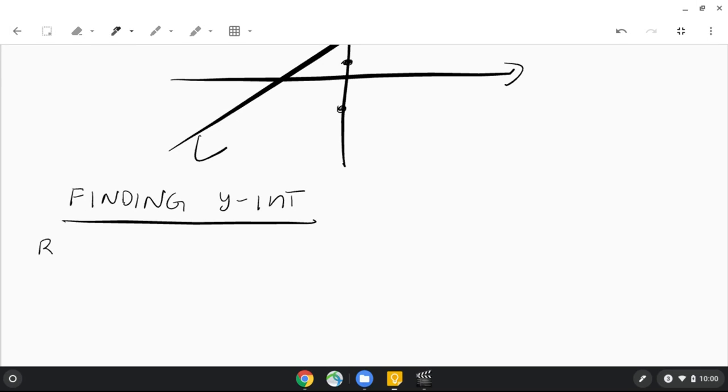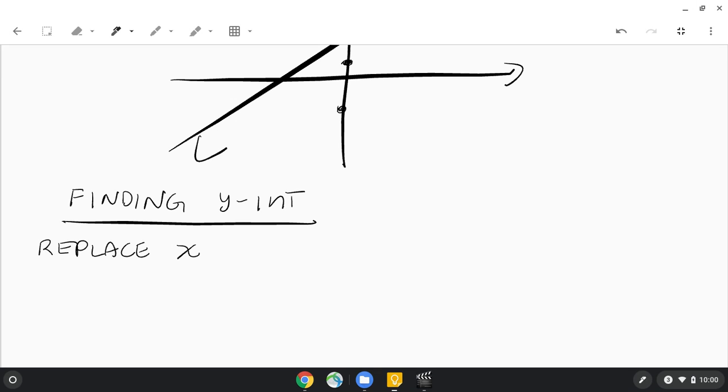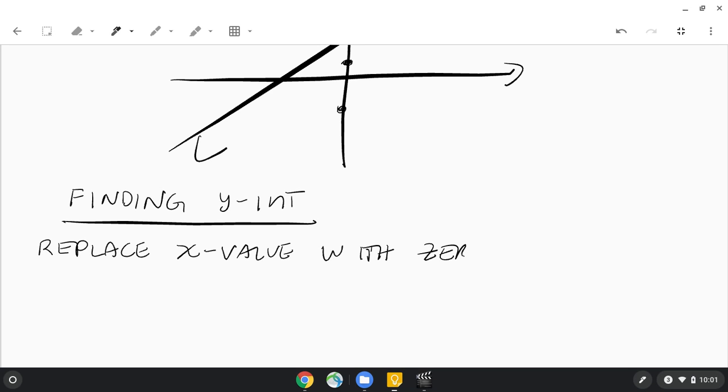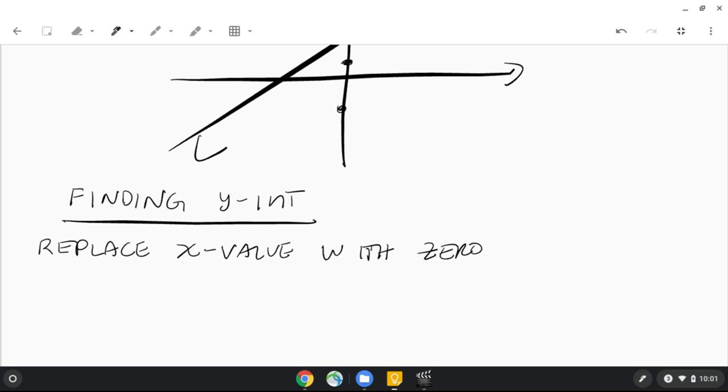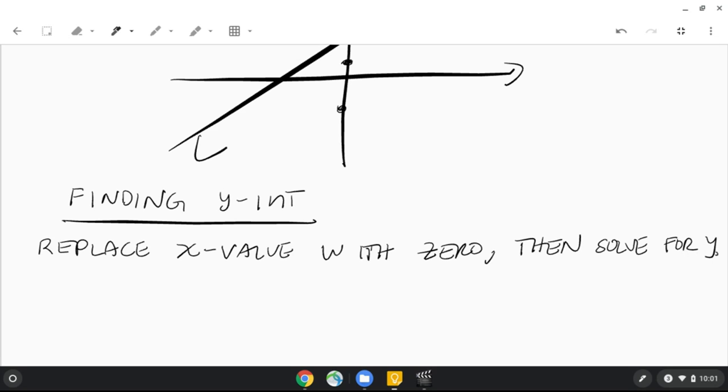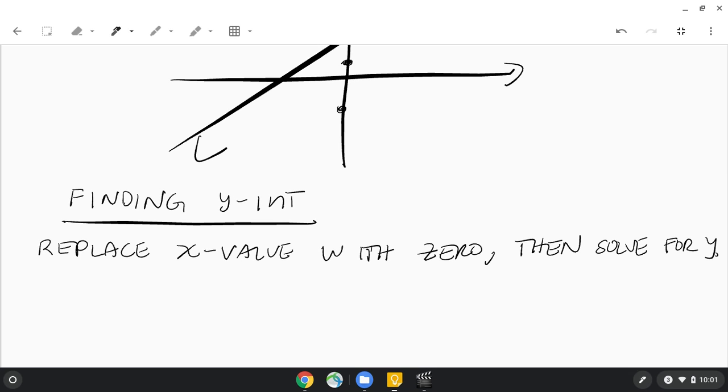So we need to replace the x value with 0, then solve for y. Okay, so let's do an example.